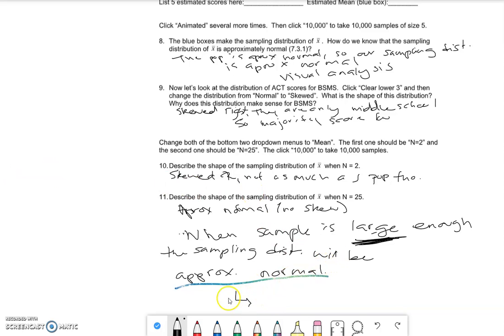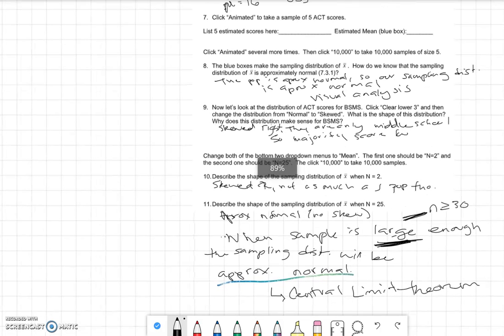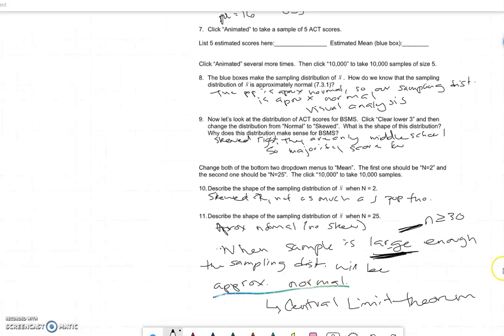That is our central limit theorem. And large enough is very subjective, depends on how wonky your population is, depends on how big your population, but let's say that's when n is greater than or equal to 30. That's a big enough number, it will probably not lead you wrong.